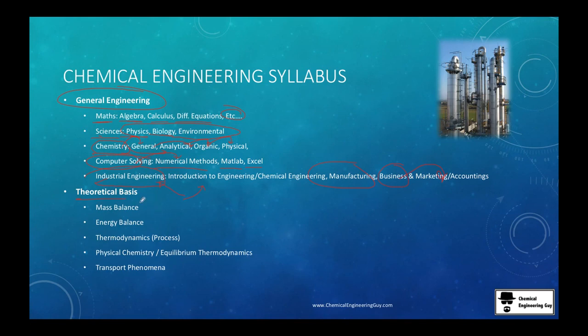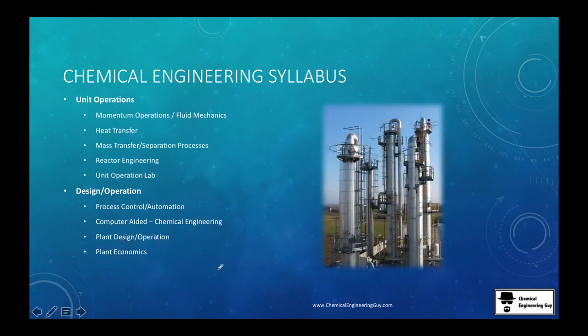Now, the second block will be theoretical basis. We talk about mass balances, processes, energy balances, thermodynamics, physical chemistry, which is also called equilibrium thermodynamics or thermodynamics number 2 or even 3. Transport phenomena is about temperature, velocity, and concentration in the x-axis or in a location-based map.